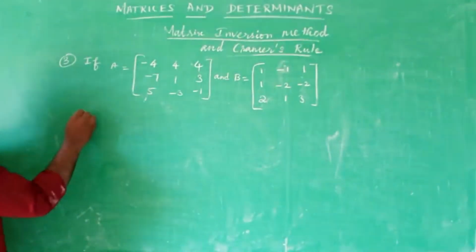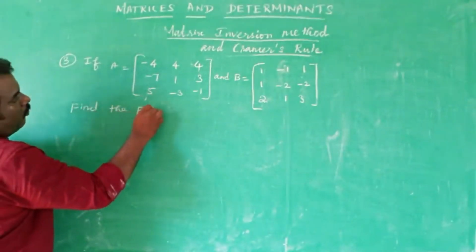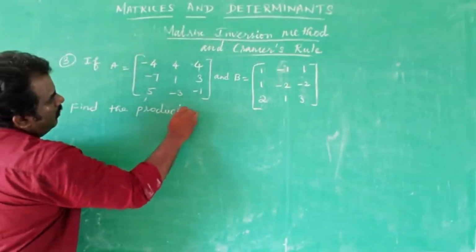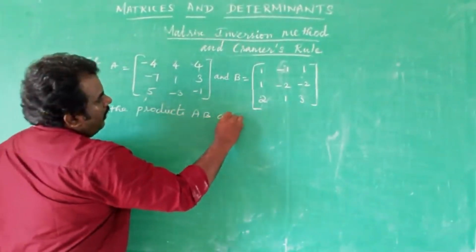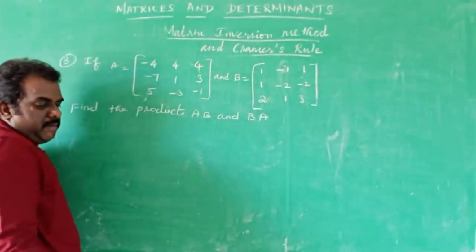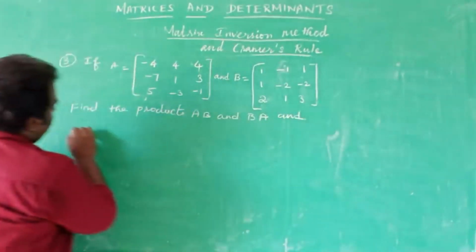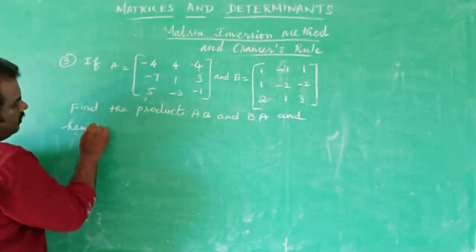Find the products AB and BA, and hence solve the system of equations.